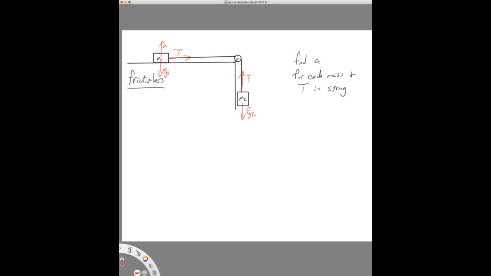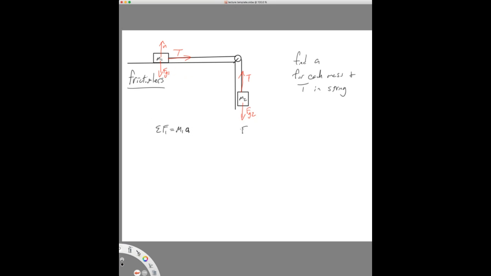And once I have all the forces drawn in, we now go in and write down Newton's second law for mass 1. Net force on mass 1 equals m1a. I don't have to call it A1 and A2 necessarily anymore. Or, well, we'll talk about that in a minute.